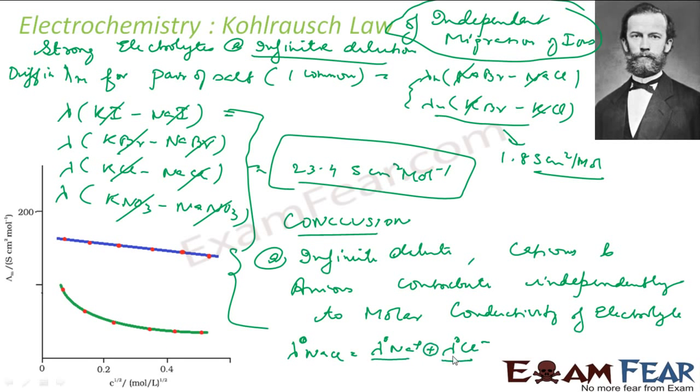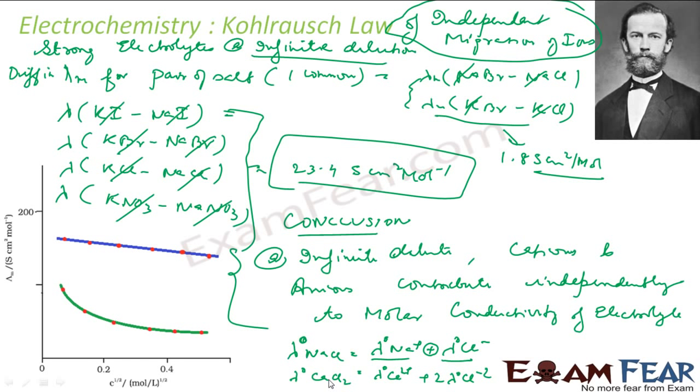Just add these two, you get the value. Correct? But for example, you have CaCl2. In that case, you get two chloride ions. So it will be Ca2 plus, plus 2 into the limiting molar conductivity of chloride, because you get two chloride ions and one calcium ion when CaCl2 dissociates.